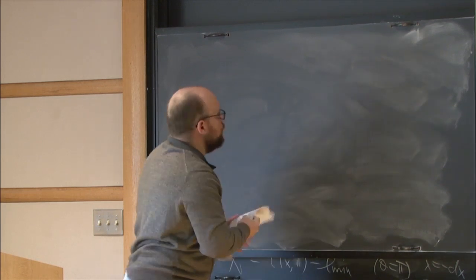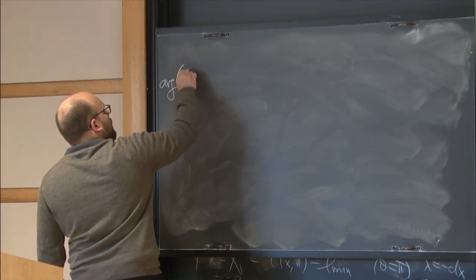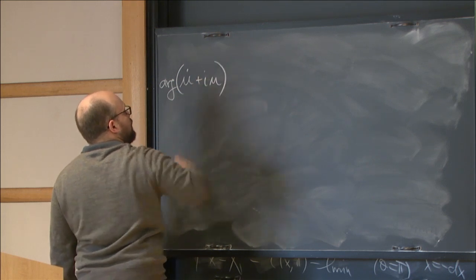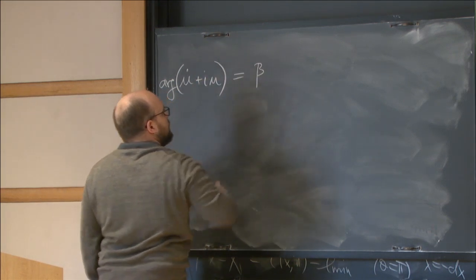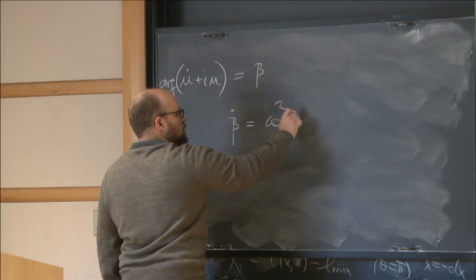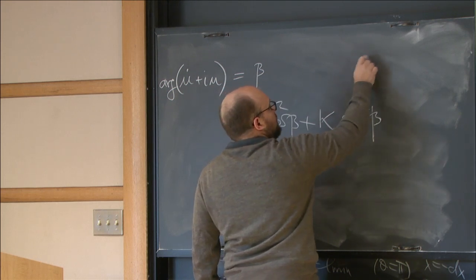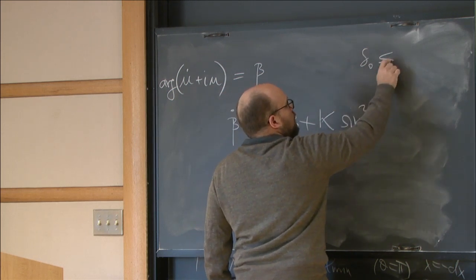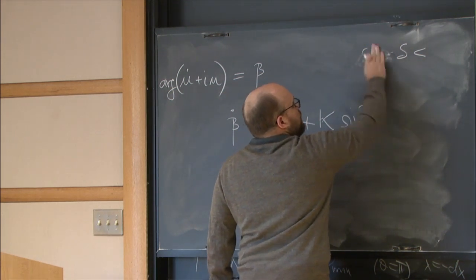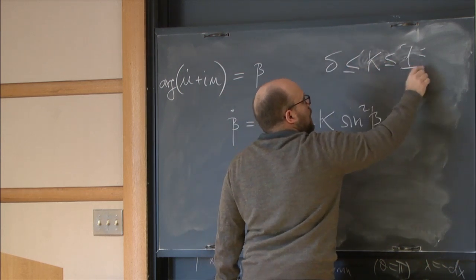So again, if we look at the argument of this vector, let's say beta, we get an expression beta prime equal to cosine of beta squared plus k sine of beta squared. Now normalize. Sorry, the curvature is to be between delta and 1.